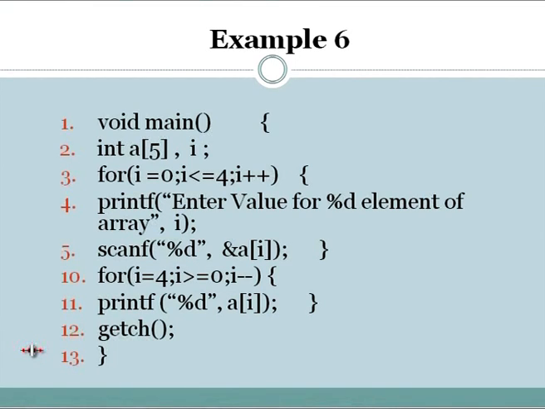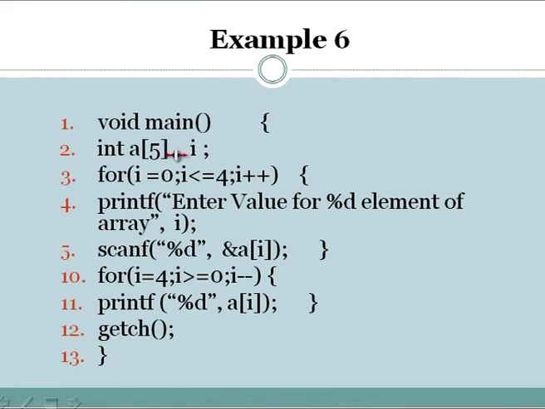Dear students, you should remember that we can access the elements of an array in any order. This example on the computer screen shows that first the user will be asked to enter a value for each element of the array, and then a second loop is used to display the values of the array in reverse order.